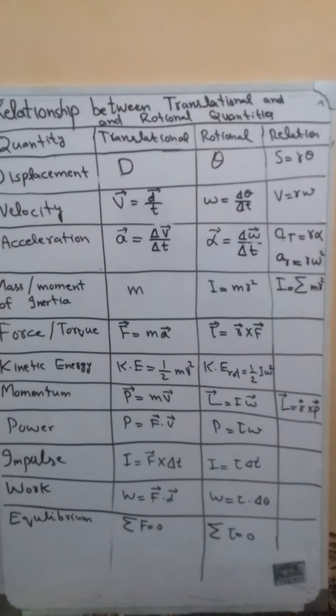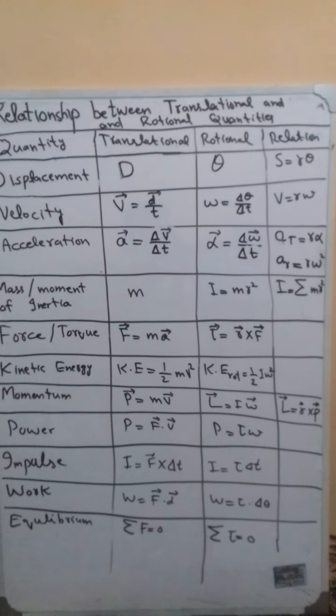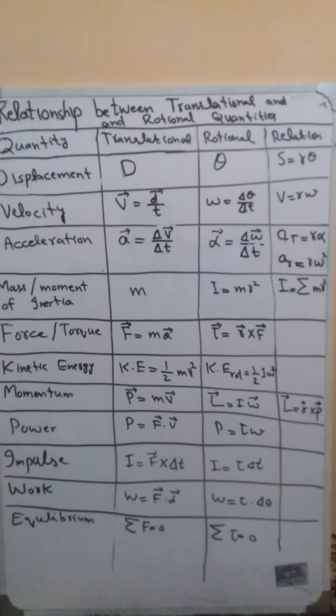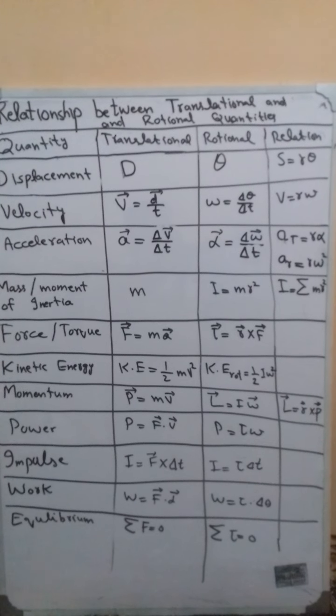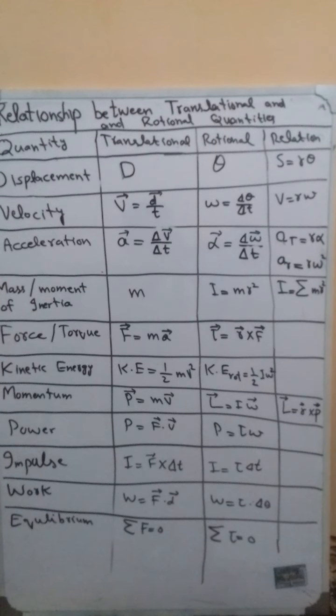In the rotational case, power is defined as tau, which is torque, and omega, which is the angular velocity.